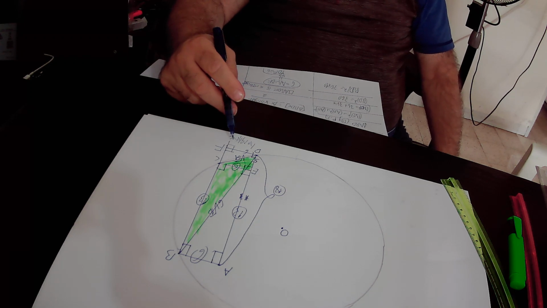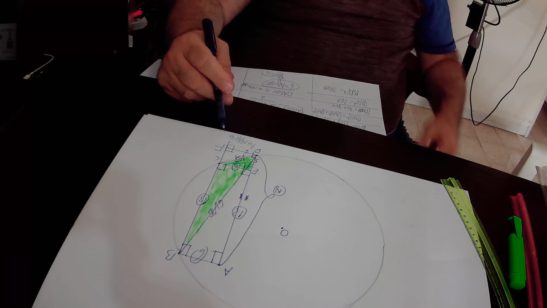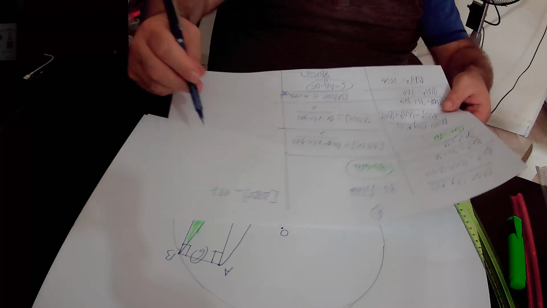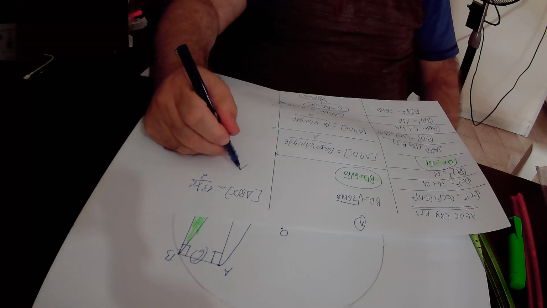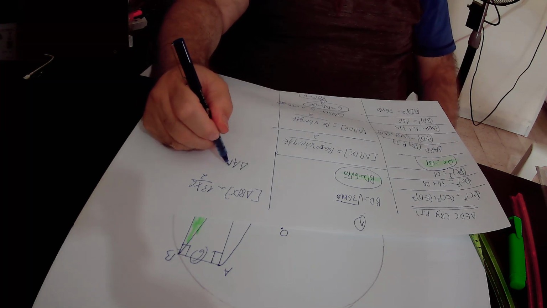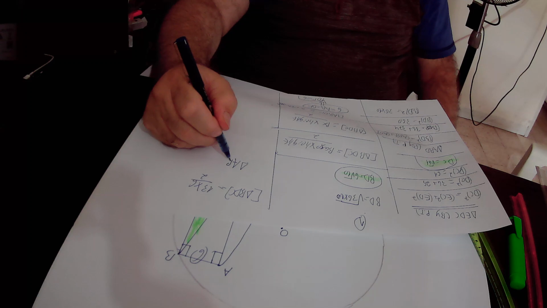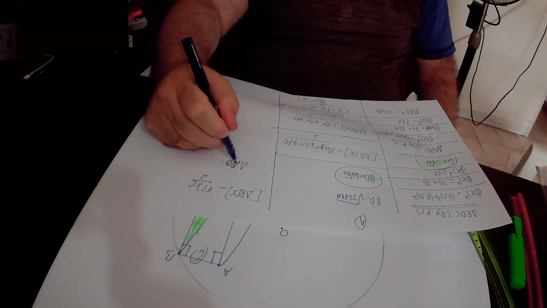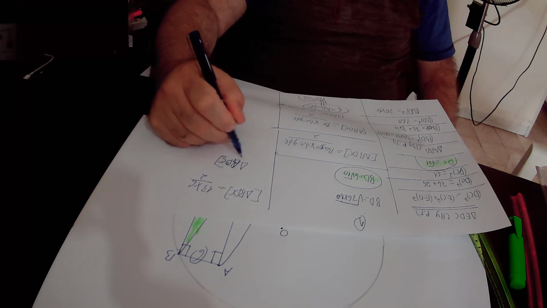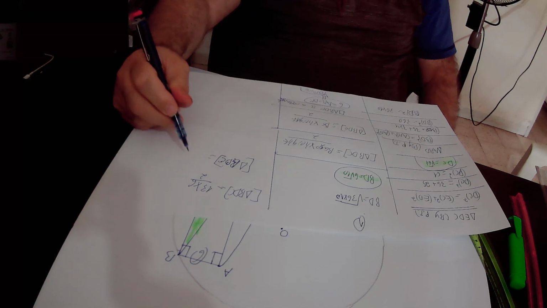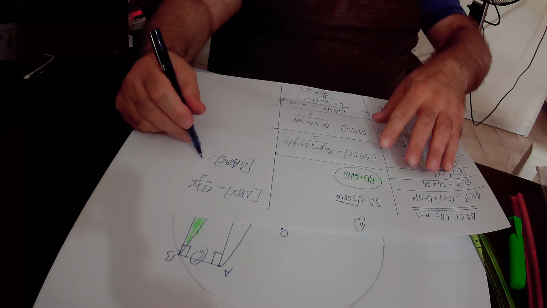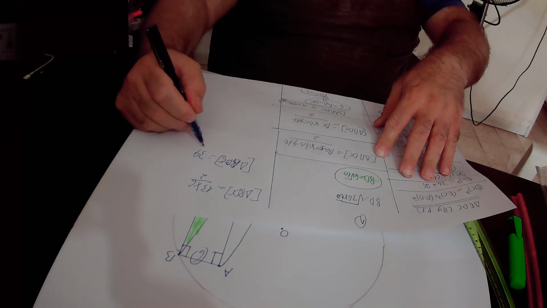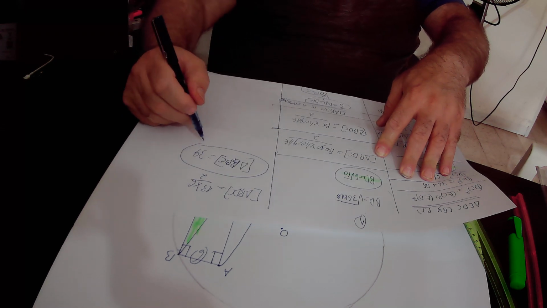This height equals 6 units, so we substitute the height by 6, all divided by 2. So the area of the green triangle BDC is equal to 13 times 6 over 2. 6 over 2 is 3, and 3 times 13 is 39. So it is equal to 39 square units.